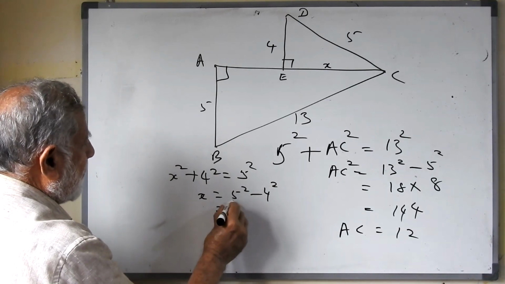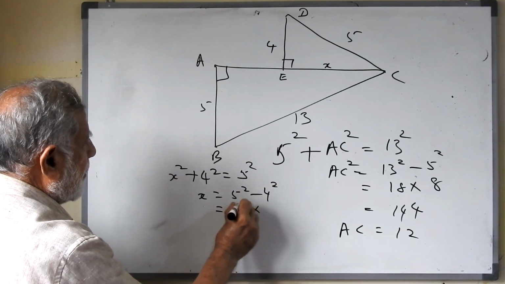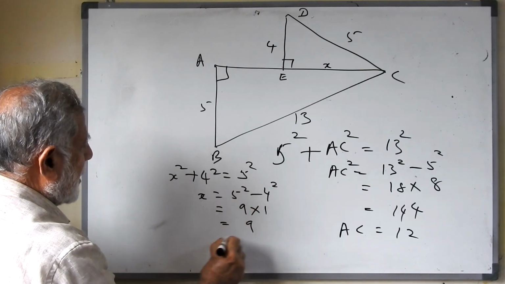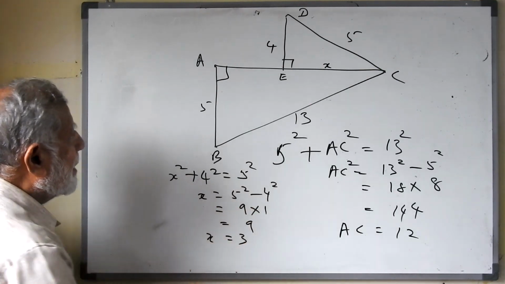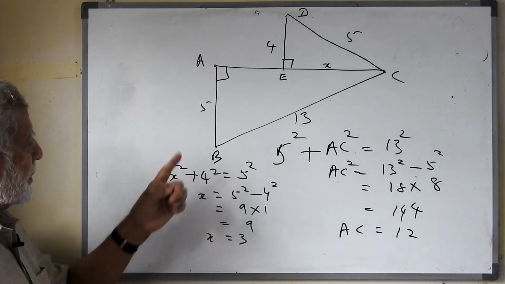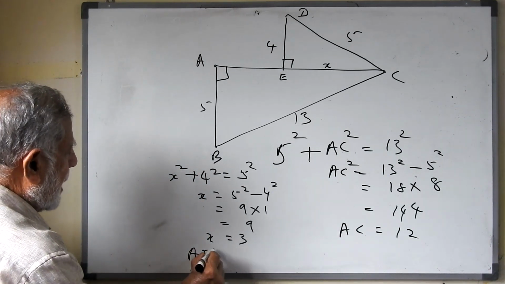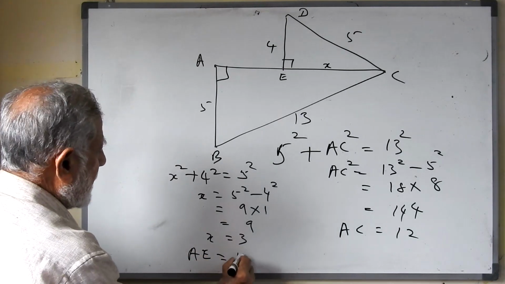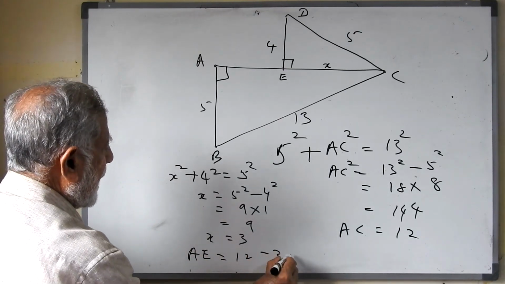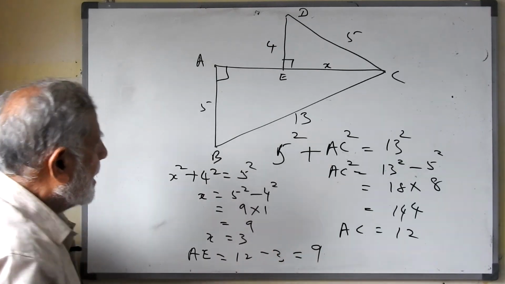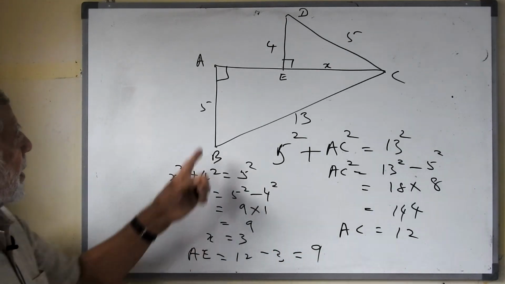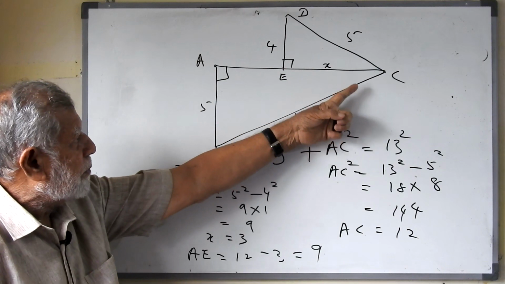So that is equal to 5 plus 4, 9, into 5 minus 1, that is equal to 9. So x is equal to 3. So if x is equal to 3, AE is equal to 12 minus 3, that is equal to 9.